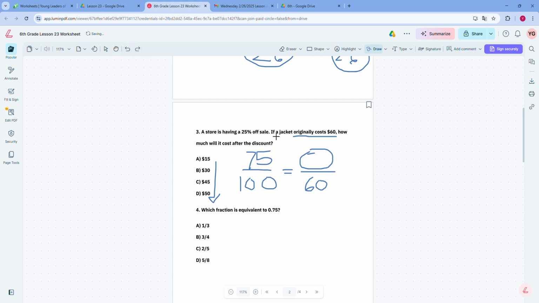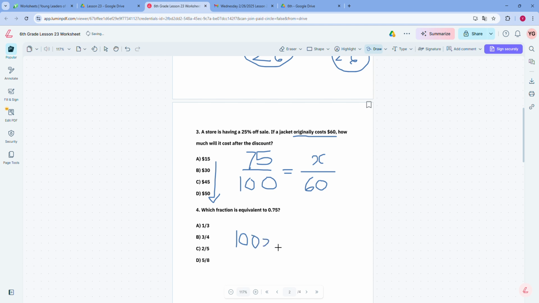So now that we have 75, we can just put a random variable on top. I recommend putting x just because it's very universal. And then you can cross multiply, which makes things a lot easier.